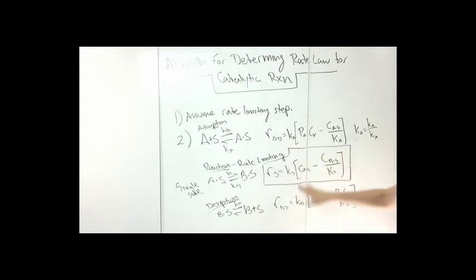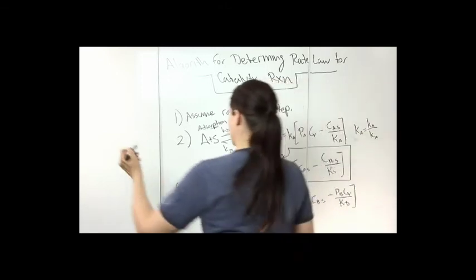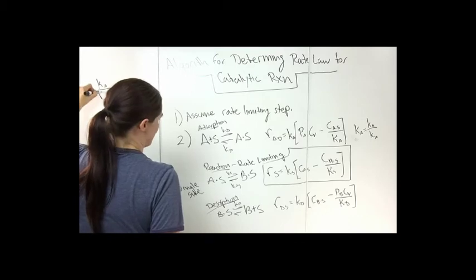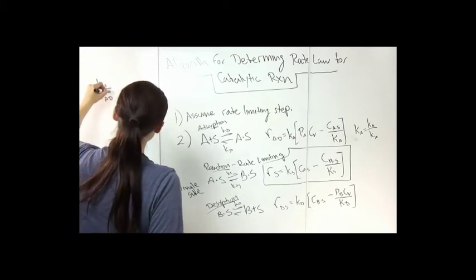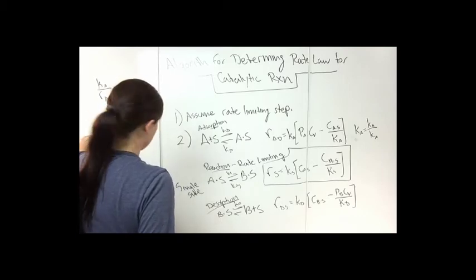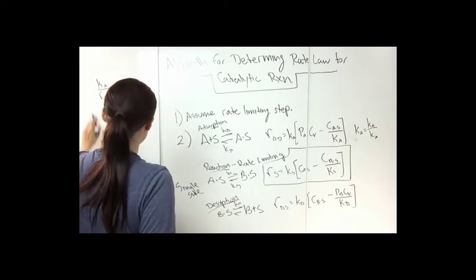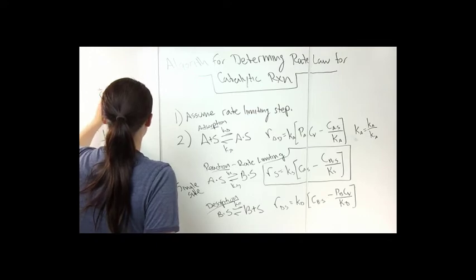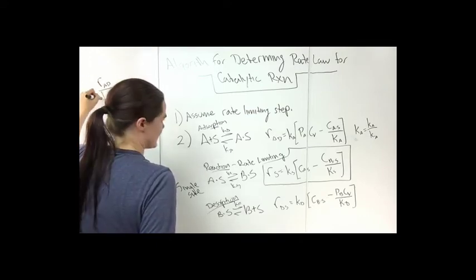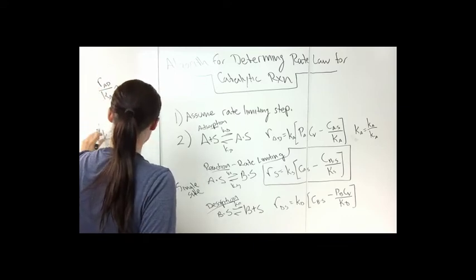So we can assume that Ka and Kd are large. And if we do that, then we can say that RAD over Ka is approximately 0.